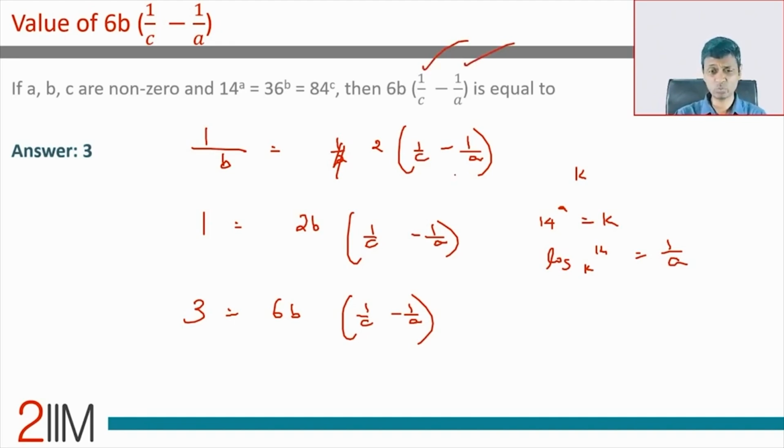Therefore, we get 1 by c minus 1 by a. We go that far, we straight away get that this is linked to 1 by b. And we get through. Beautiful question, nice tough question, classic question where if you go looking for the expression you want, the question becomes simpler. You want to find 1 by c, you want to find 1 by a, you want to do 1 by c minus 1 by a, so go chasing that, it should fall in place.